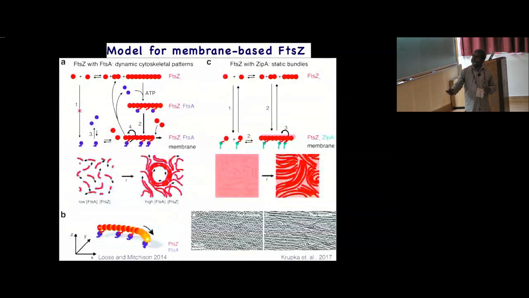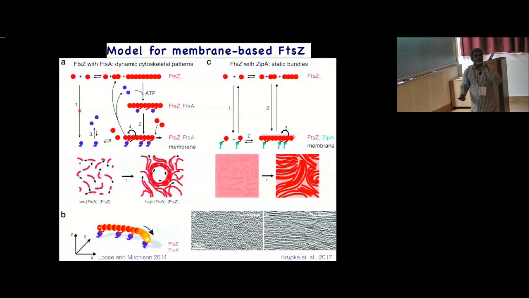So the suggestion was that FtsA remodels FtsZ to form these vortices, but not ZipA. But ZipA might be doing additional things to FtsZ, simply bundling and not allowing FtsZ treadmilling, which is why they did not see it. More recent evidence from cryo-EM structures shows that the rings you see here are FtsA themselves on lipid bilayers.